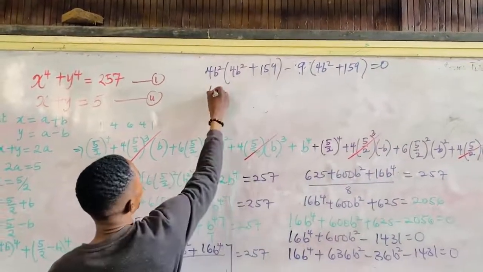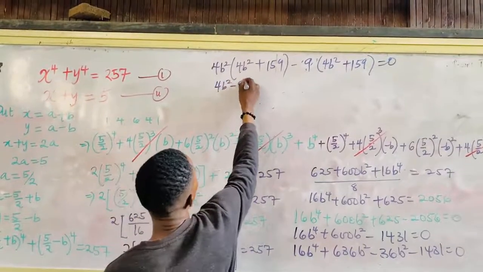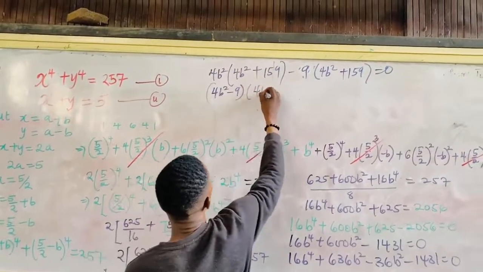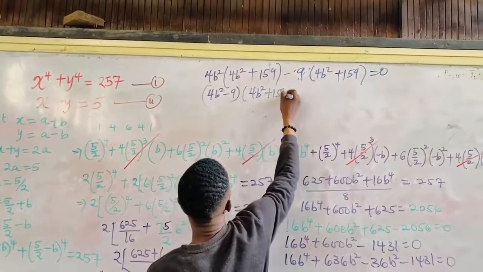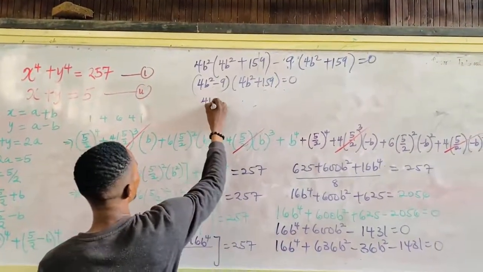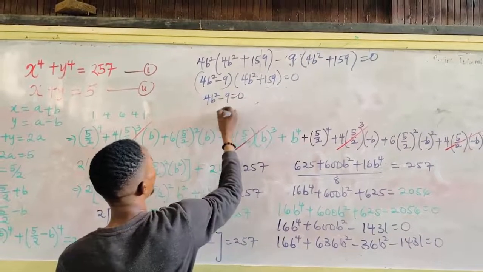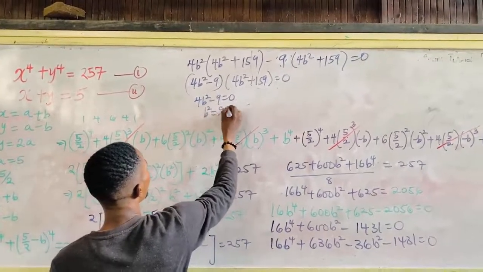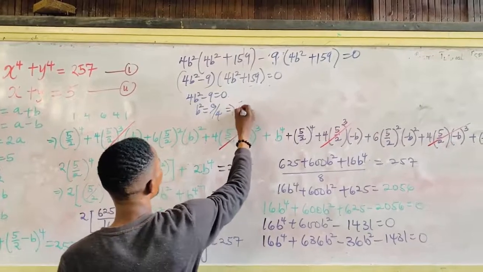Now 4b squared minus 9 and 4b squared plus 159 is 0. So we can take this as 4b squared minus 9, which is equal to 0, and b squared is 9 over 4.